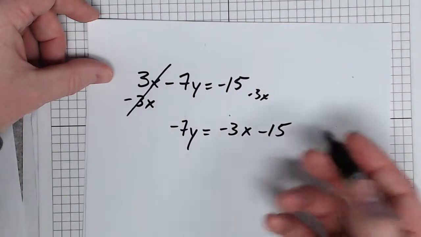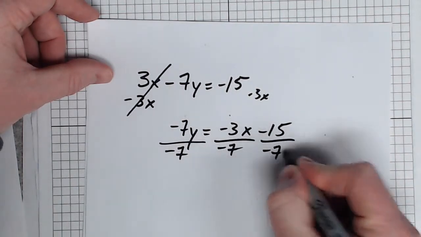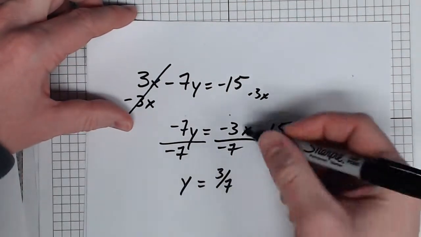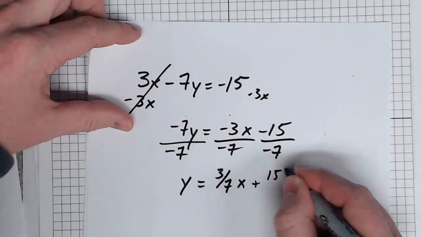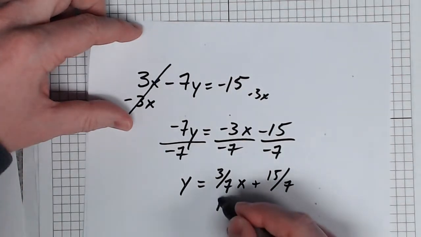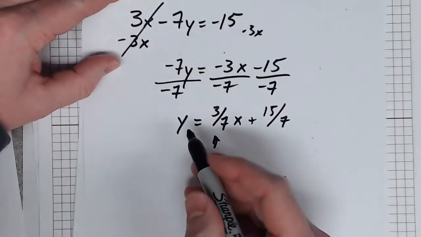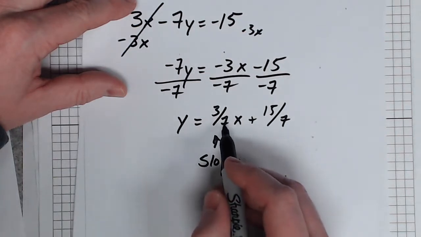So I'm going to move the 3x over. Divide everything by negative 7. Well, y equals 3/7 x, because a negative divided by a negative is positive, and it'd be positive 15/7. This number here is the slope. Since y has been solved and gotten by itself, the number in front of x is the slope.